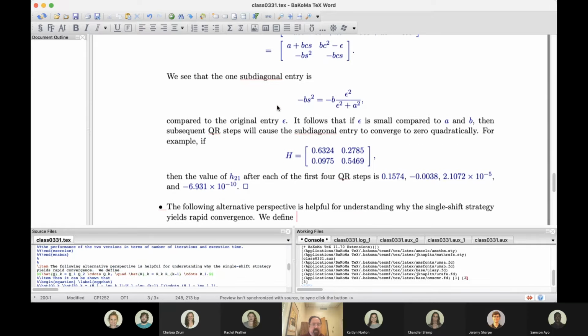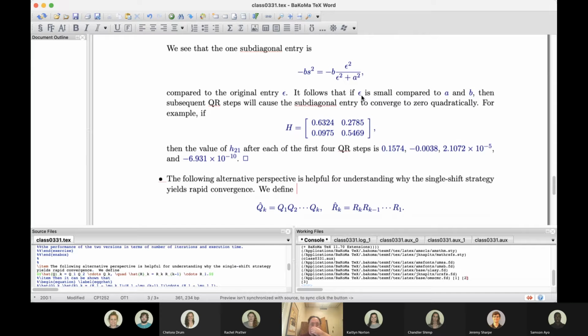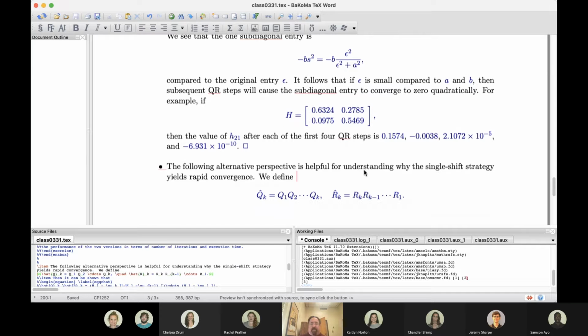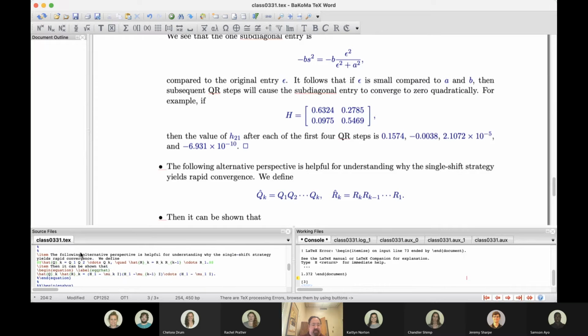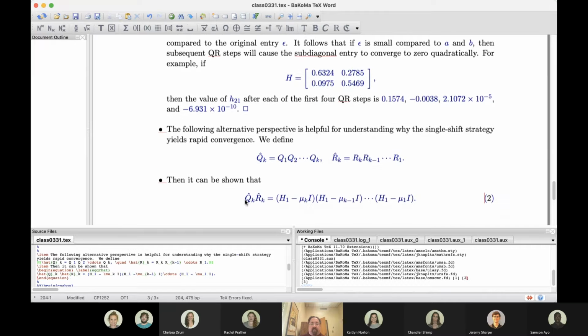or talk about drawbacks of this approach, one thing I want to explain is why the single-shift strategy helps with convergence. So if these are the QR factors that I get during the iteration, and I multiply them all together to give me Q_k hat and R_k hat, then it turns out that Q_k hat, R_k hat comes from this product of the original Hessenberg matrix, H1, minus each shift.